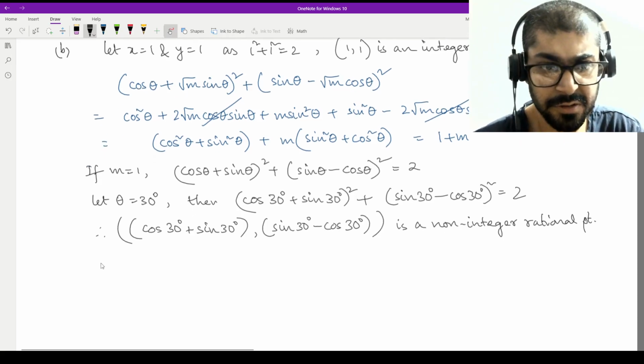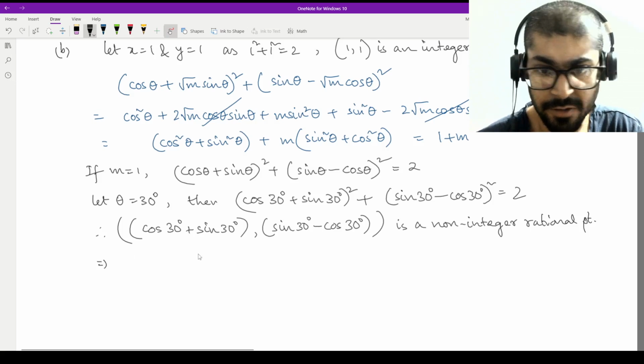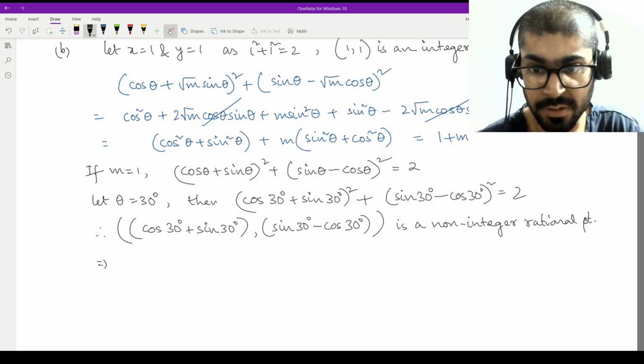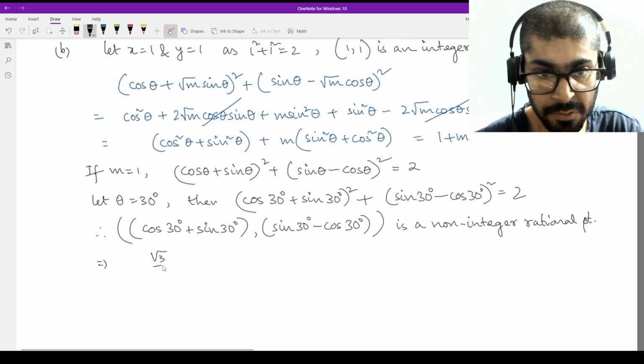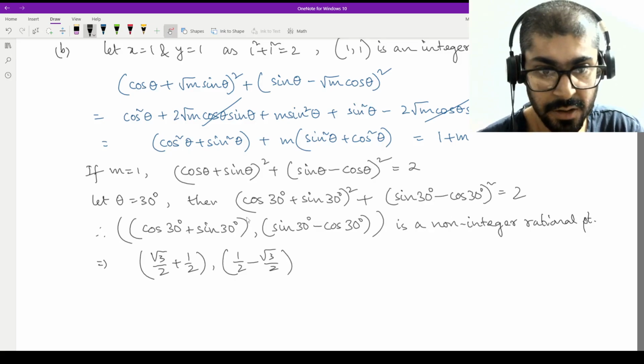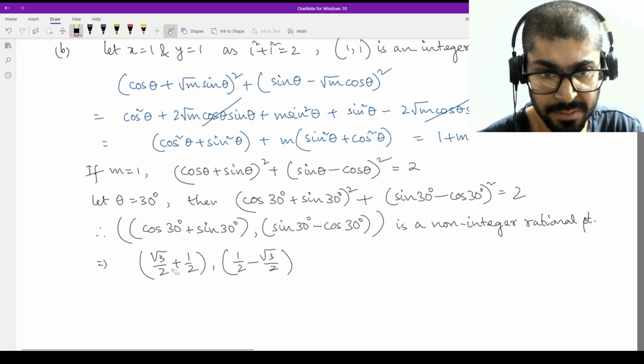Now calculate these values. What is cos 30? Cos 30 is root 3 by 2, right? So just select root 3 by 2 plus half and half minus root 3 by 2. Let us simplify it.